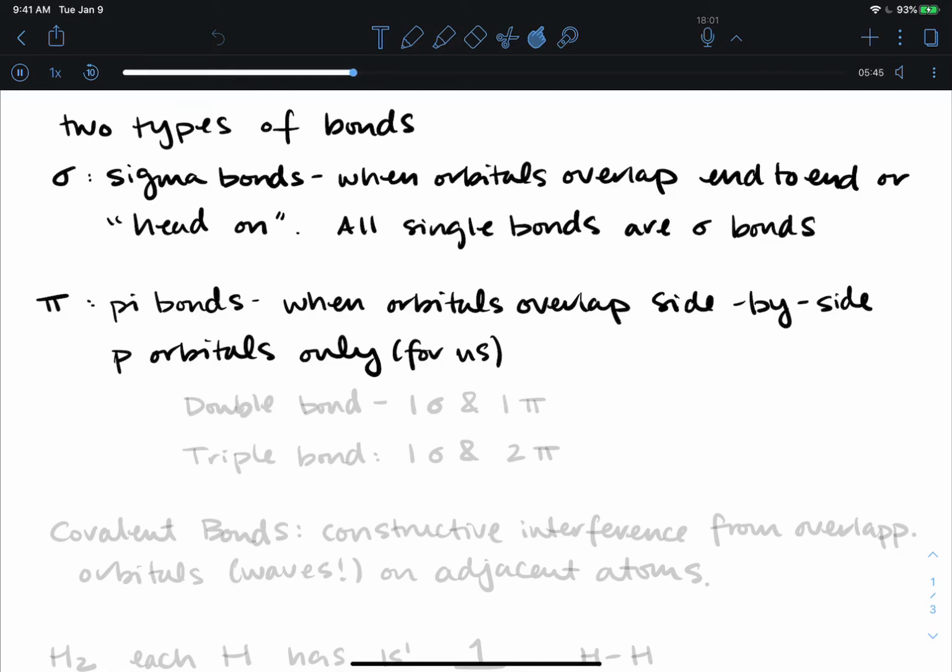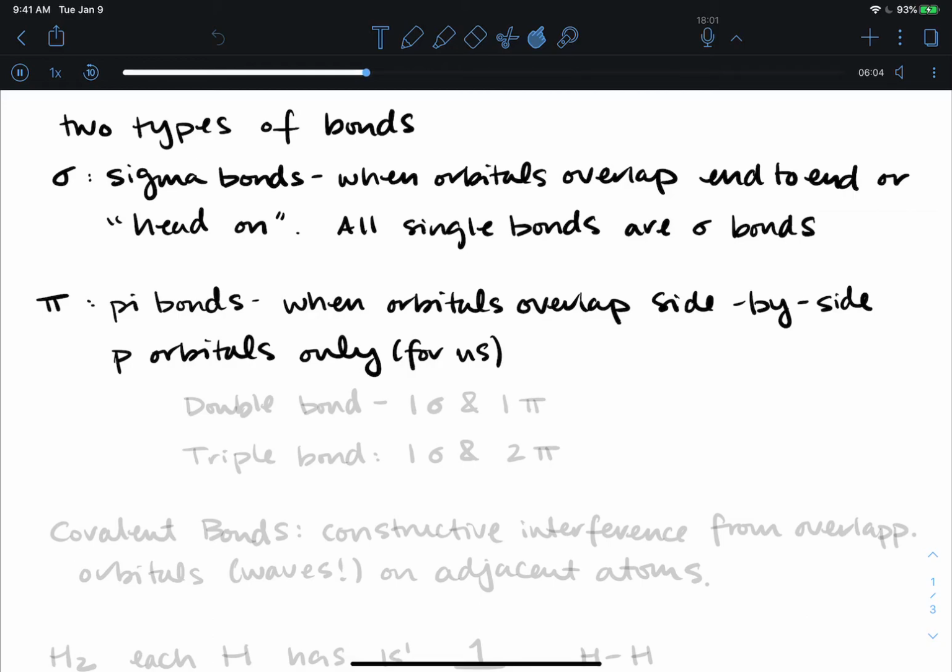However, that usually happens when you get to things beyond triple bonds, which we will not yet deal with. So we're going to be dealing with some more simple molecules. We're only going to need to use the s and p orbitals to make sigma and pi bonds.